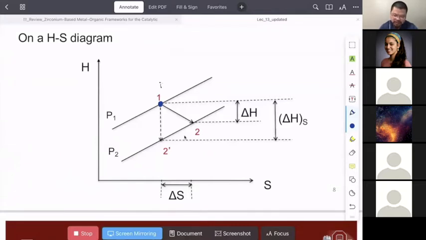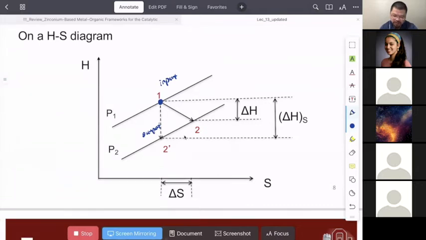This is the inlet input, this is the output. If you look at this 1 to 2 prime, you notice that there's no entropy change over there, so entropy is exactly the same between the input and the ideal output. This is a very typical isentropic process, right? If you are moving along that process, then you are going to receive this maximum enthalpy change as the shaft work.